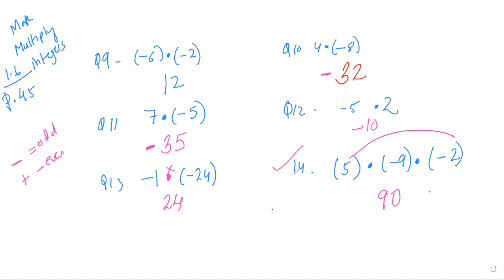Did you understand question 14 or no? Malak, Leen, did you get question 14? Yes. Okay. See, Leen, there is one way you can do it. You know that negative and negative will give you positive 18, right? And then 5 is positive. When you multiply positive and positive, you'll get a positive.